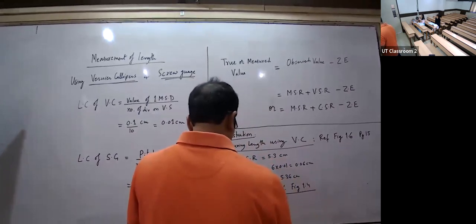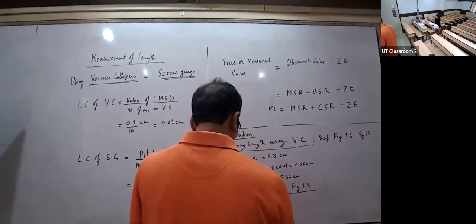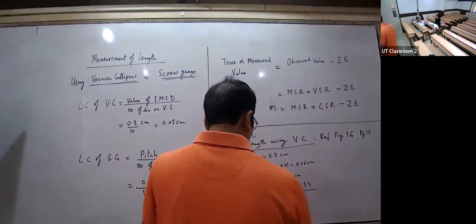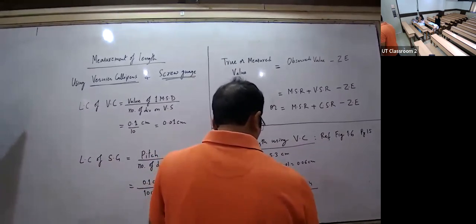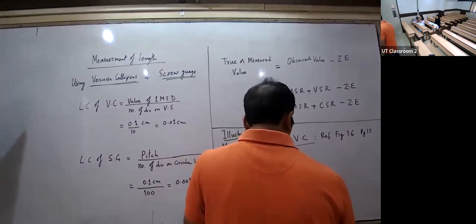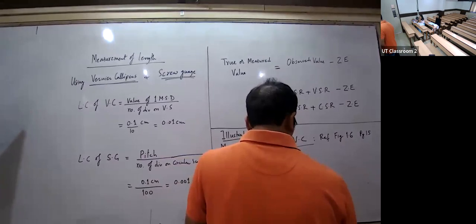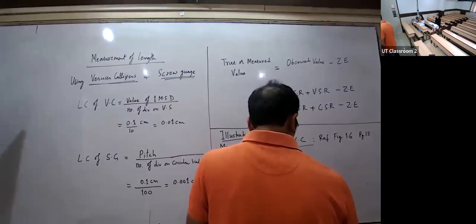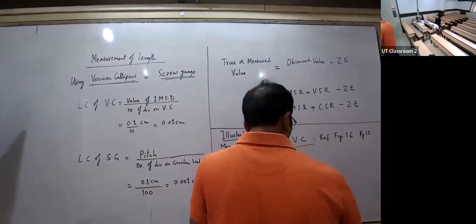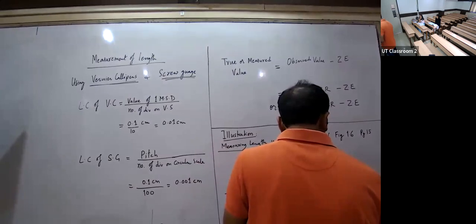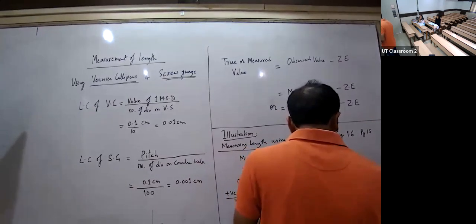In this case, the zero of the vernier calipers lies ahead of the zero of the main scale.